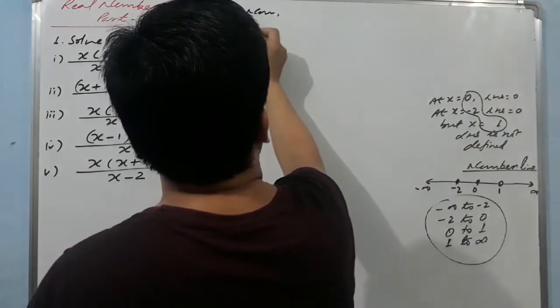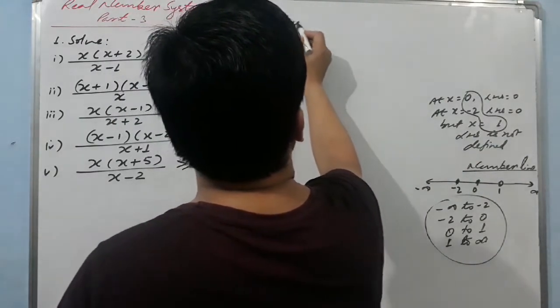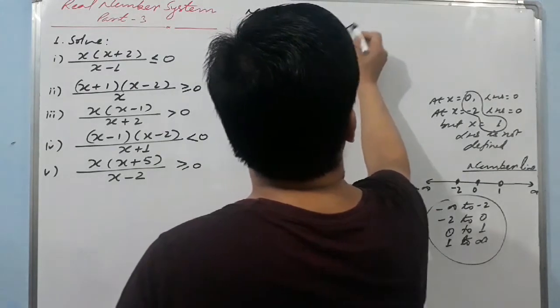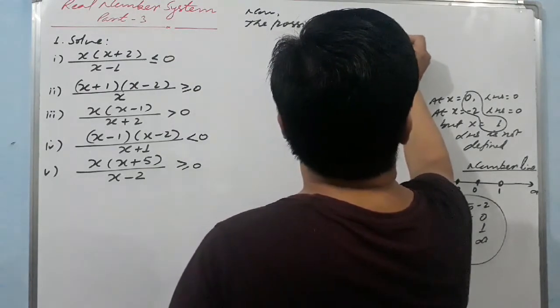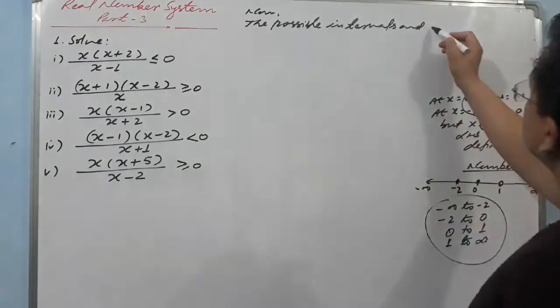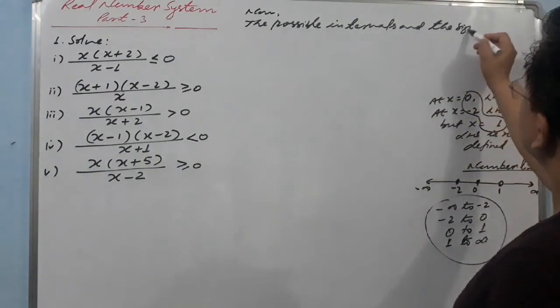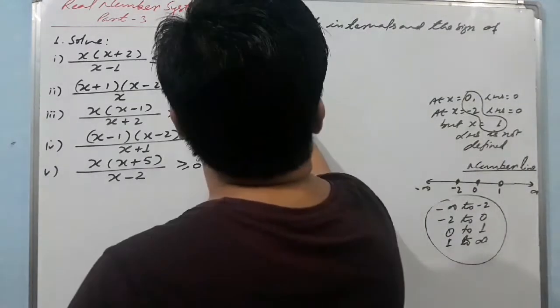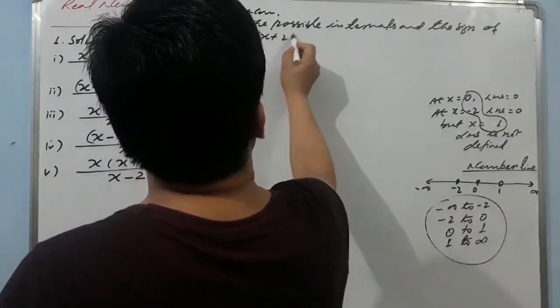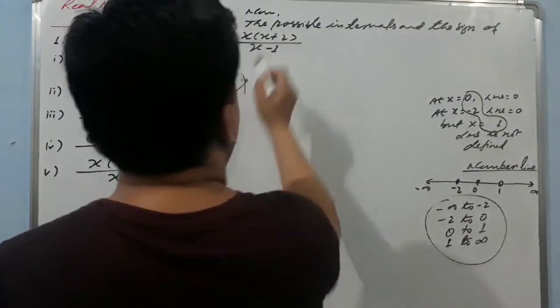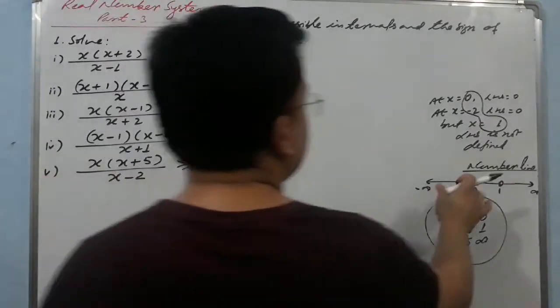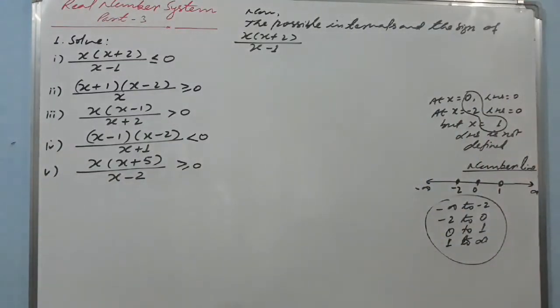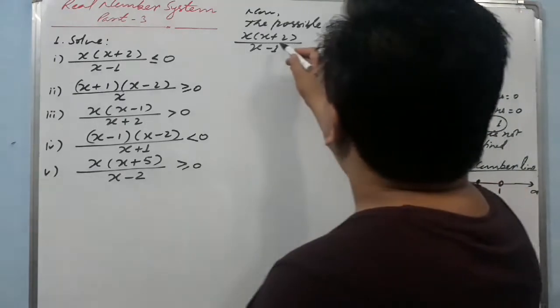Now, the possible intervals, and actually we need to see the sign of the given left part of the inequality, or the sign of x plus 2 over x minus 1. From here also we can directly tell the answers, but I'm going to tell you the whole procedure.